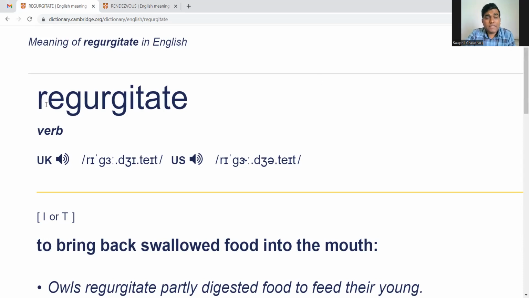Similarly, over here, this is not regurgitate. This is regurgitate. But listening to the pronunciation, it is difficult to understand where exactly the stress is. Listen to it again.